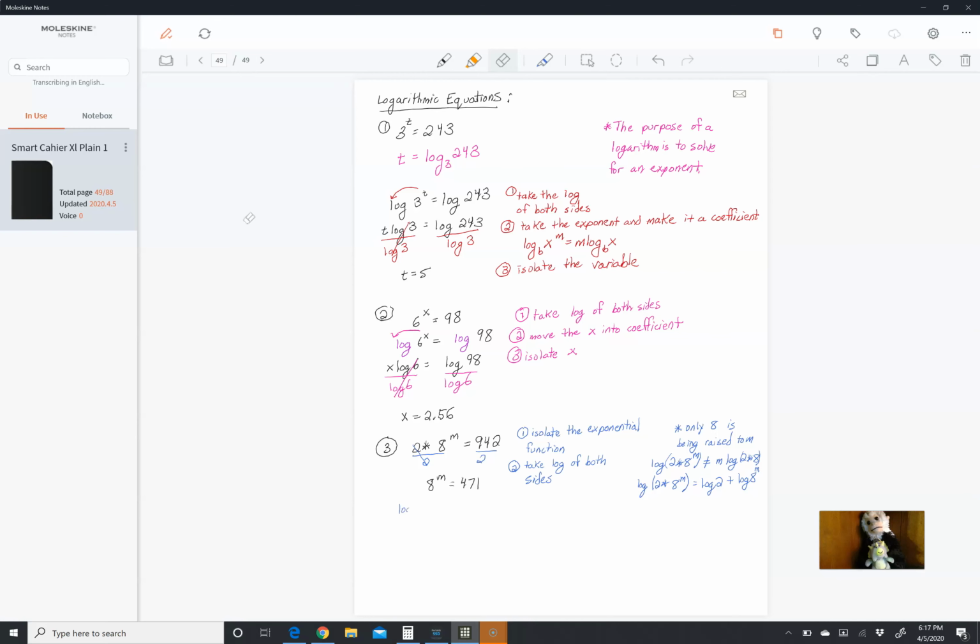So we're going to put a log in the front here and a log in the front here. So it's log of 8 to the m equals log of 471. And now we're going to move the m out to the front just like we did in the others.